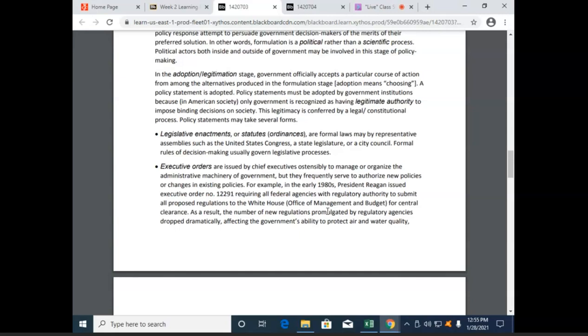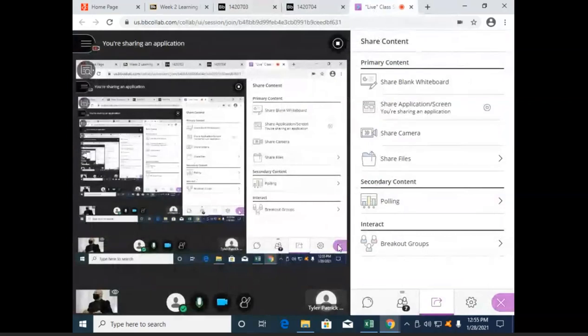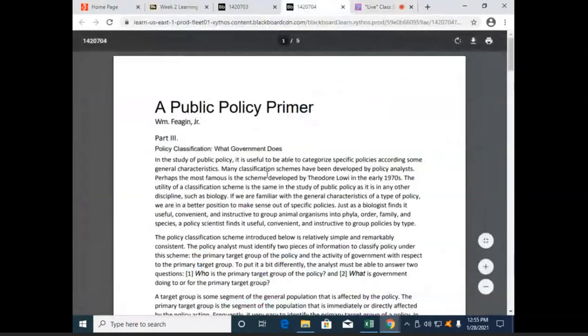There has to be some reason for you and me to believe that this policy binds our behavior, right? And government is the only institution in our society that is recognized as having that kind of authority. That's the concept of legitimation. And by the way, that's why I call this stage formulation/legitimation, whereas the authors of your textbook do not do that. I guess they just call it adoption.